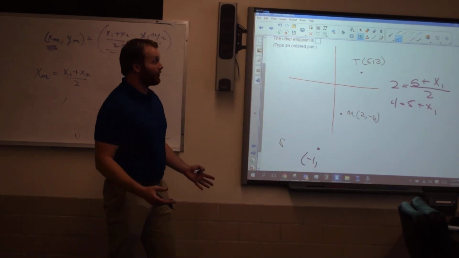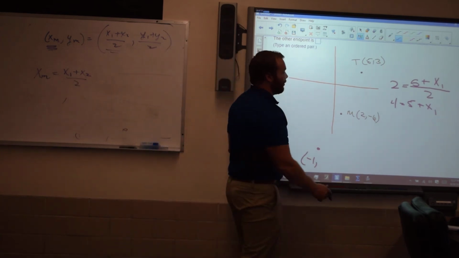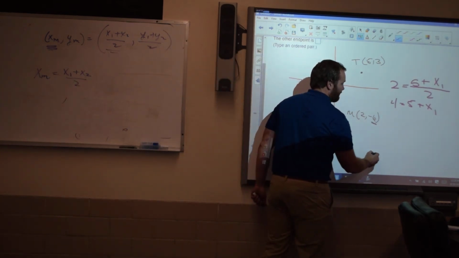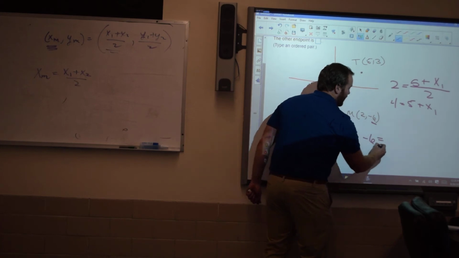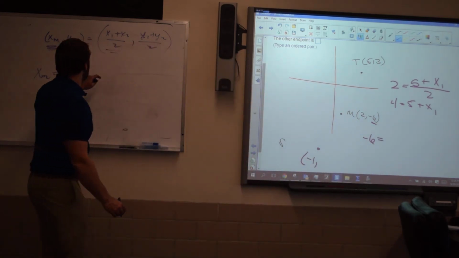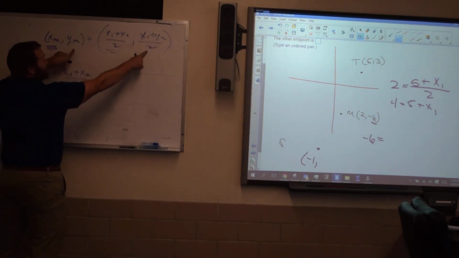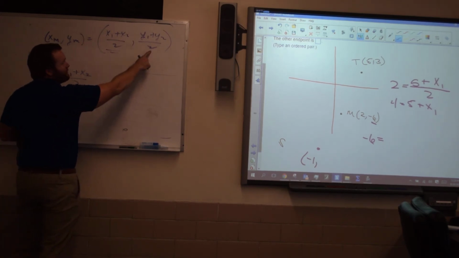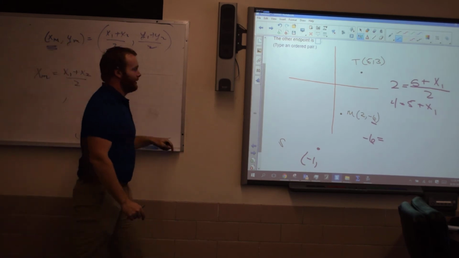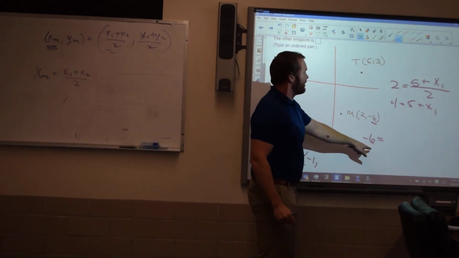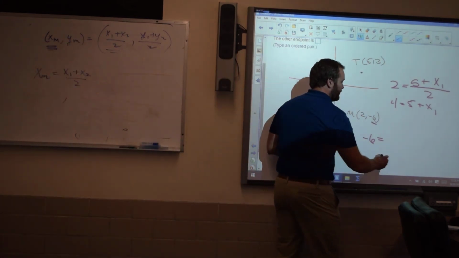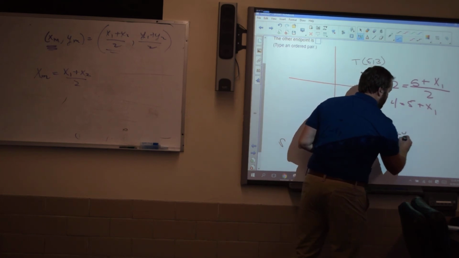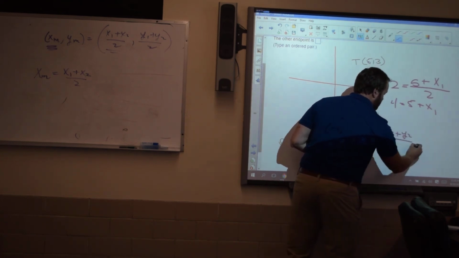Now we do the same thing for the y value. We're saying this y value of my midpoint is negative 6. So y sub m is equal to y sub 1 plus y sub 2 over 2. My y sub m is negative 6. My y1 is 3, and I don't know the other y.